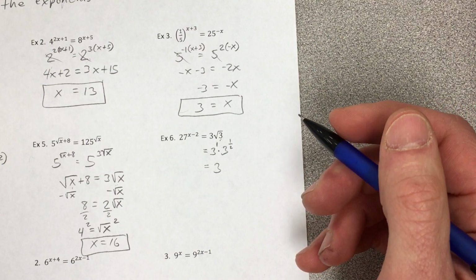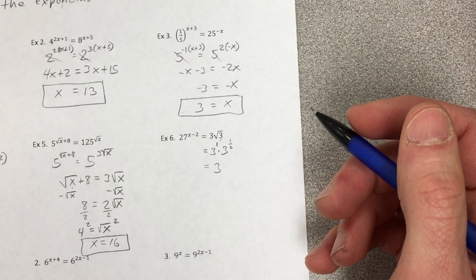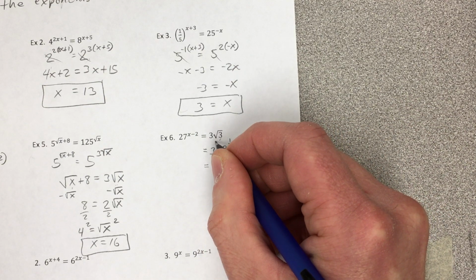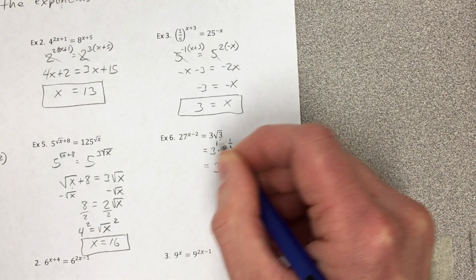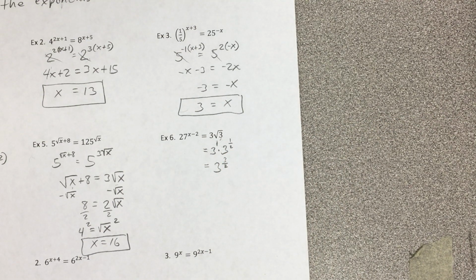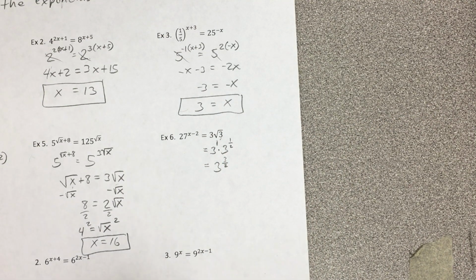I don't like that so much. I'm not a big fan of mixed numbers. I'm going to rewrite it as, you could think of this one as a 2/2, and then when you add it up, you'll get 3/2 power. So it's 3 to the 3/2 power. I got it down to a single base 3.